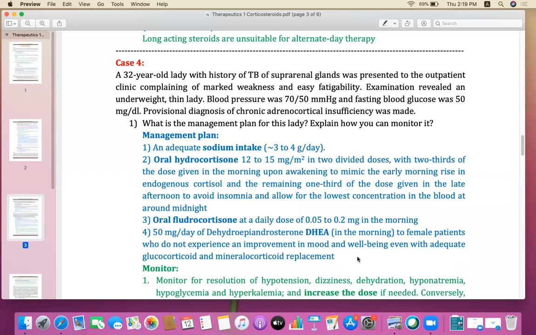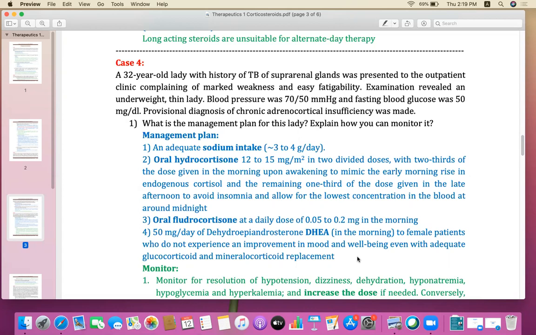Now, the history of TB of the suprarenal glands, and she is having hypotension and hypoglycemia. So we can say there are chances of shock, hypotension, adrenal crisis.